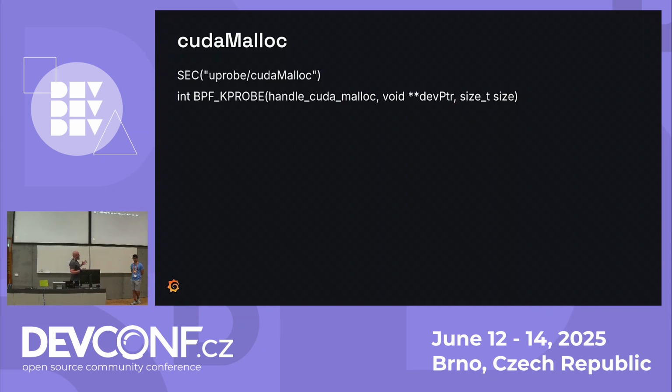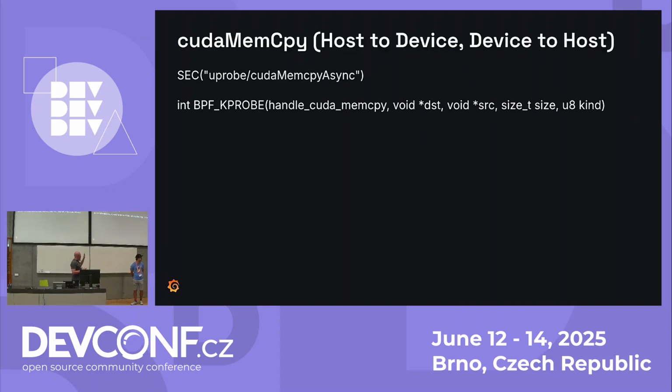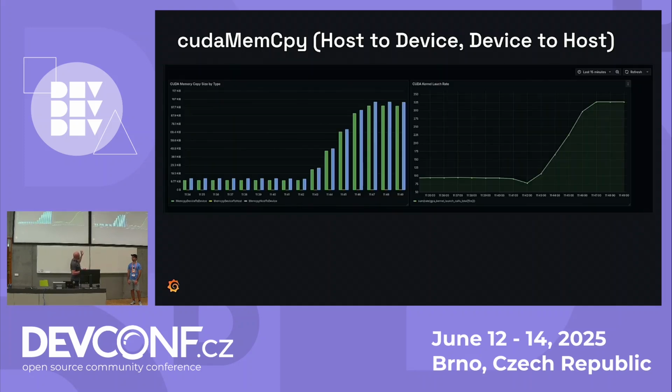And we have this other probe that is more interesting because it tracks the memory copied from host to device and device to host, which is CPU to GPU and GPU to CPU. And so here we have the visual representation of this metric. Again, this is from the execution of that prompt.